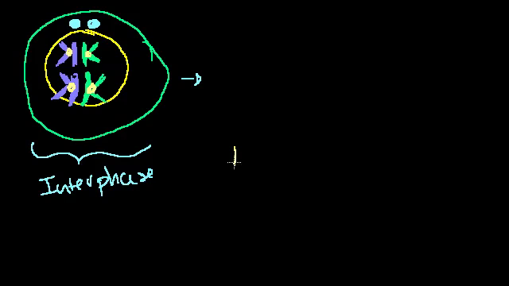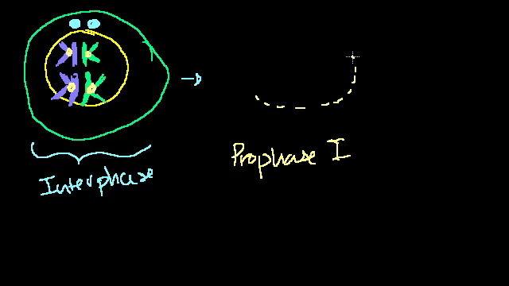Let me call this prophase 1. So what's going to happen? Just like in prophase in mitosis, a couple of things start happening. Your nuclear envelope starts disappearing. The centrosomes, sorry, I'm getting confused.